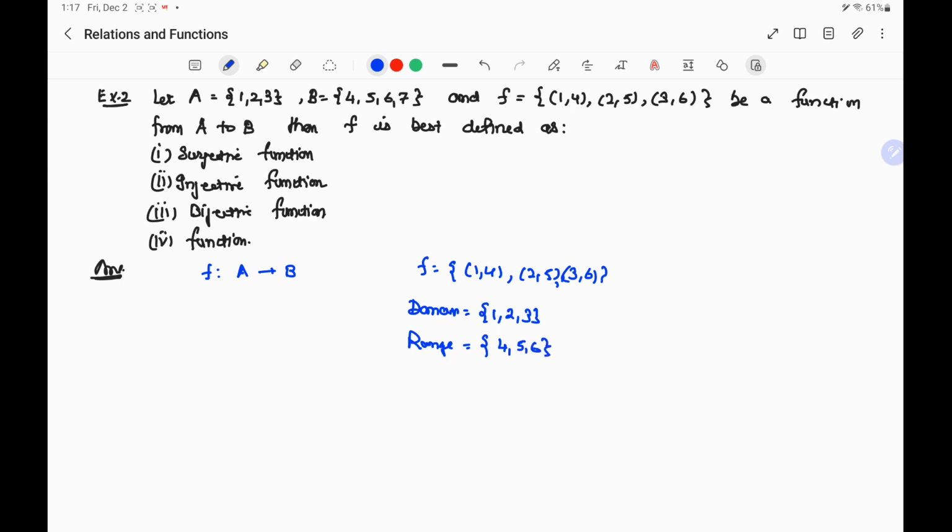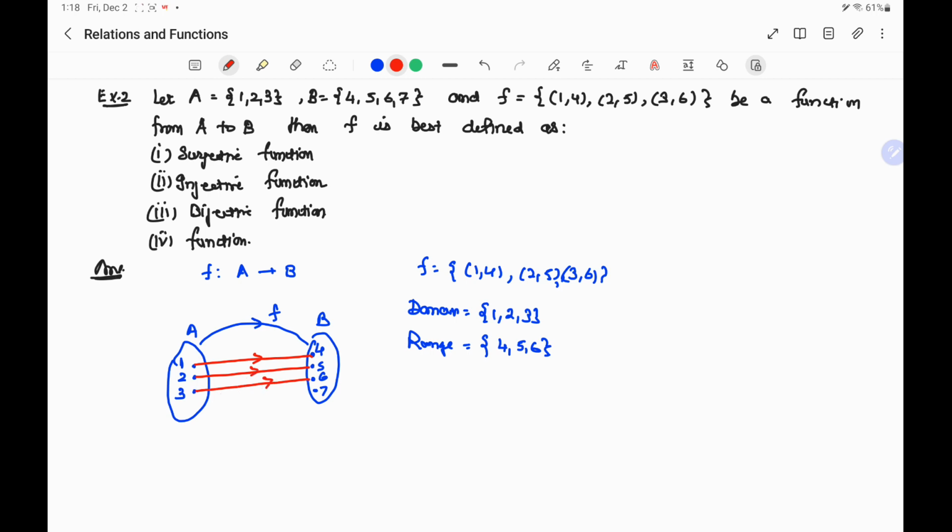Here we have to draw the figure. There is the set A and another set B and there is a mapping from A to B and this mapping is f. A has the elements 1, 2 and 3 and B has the elements 4, 5, 6 and 7. Now this mapping says that 1 has the image 4, 2 has the image 5 and 3 has the image 6.